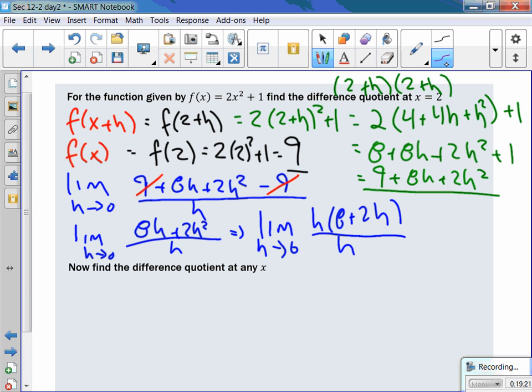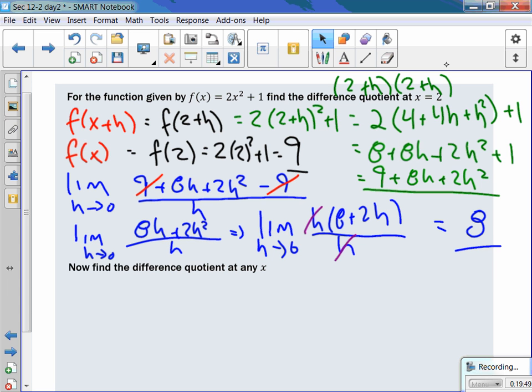The limit of 8 plus 2h as h goes to 0. So what do we do now? Direct substitution. Let h equal 0, giving me what? So all that work and we come up with just 8. So here we have found the difference quotient at x equals 2 for this function is just 8.